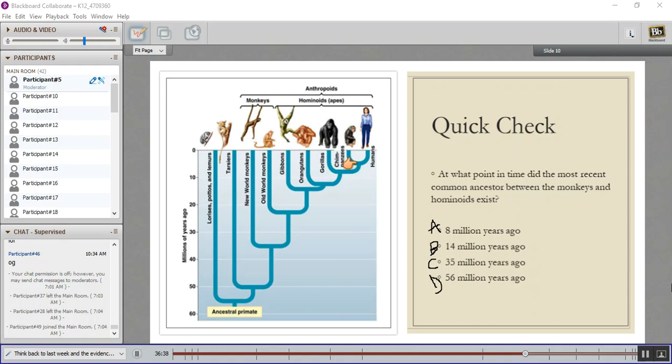This would be the most recent ancestor between chimpanzees and humans, but not between the monkeys and hominoids. So I love that you explained that because we're kind of learning how our thinking needs to change to read this graphic. So anyone who picked A, I want you to start thinking about a different answer, B, C, or D. Does anyone want to jump on who already had B, C, or D and explain why they chose that answer?